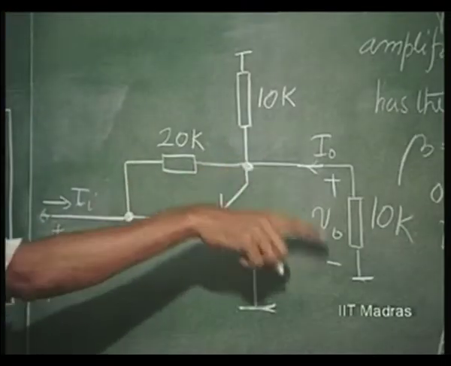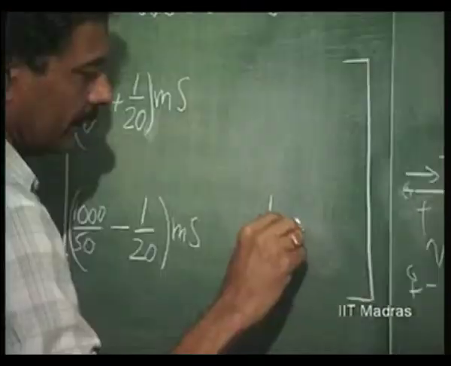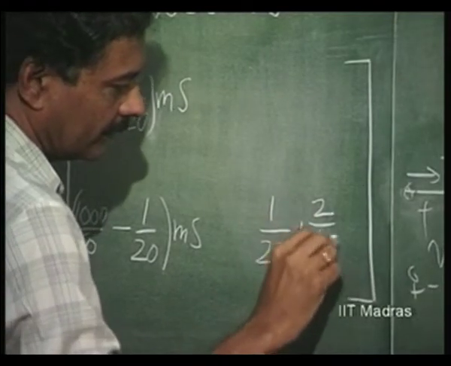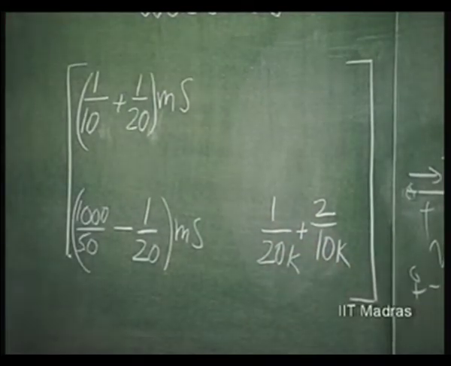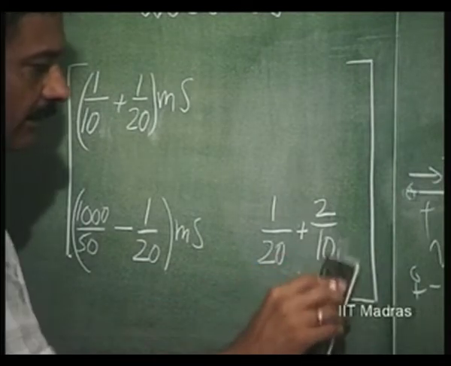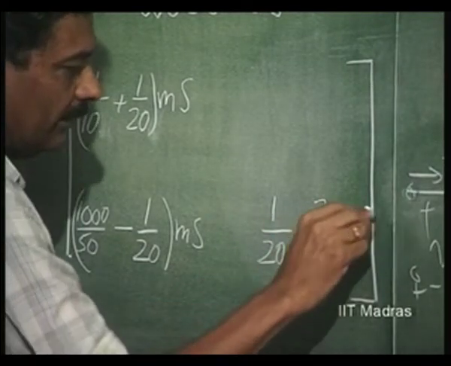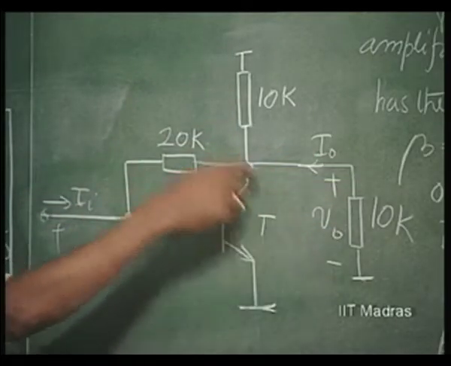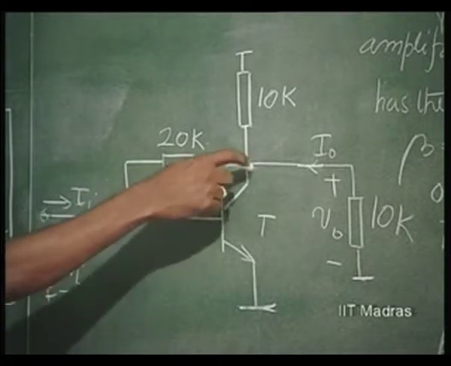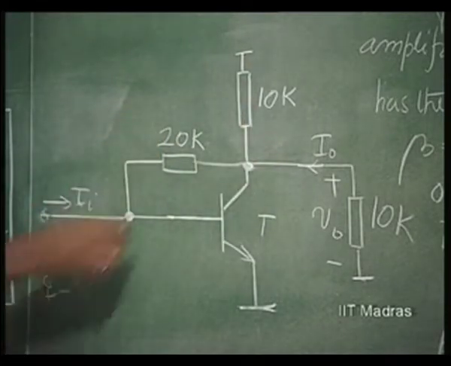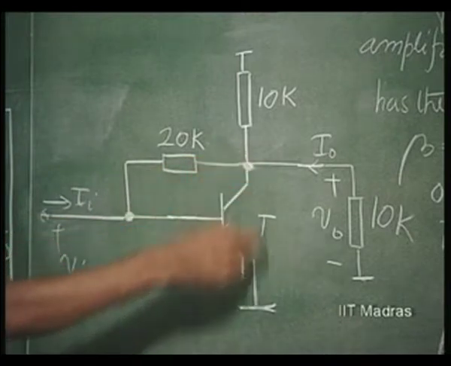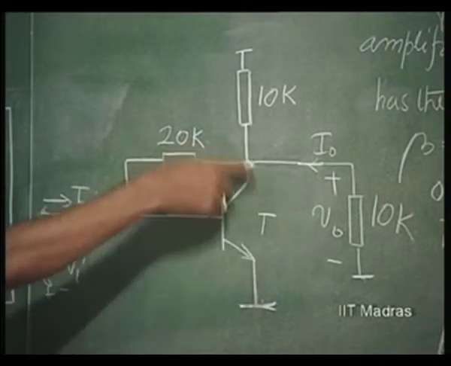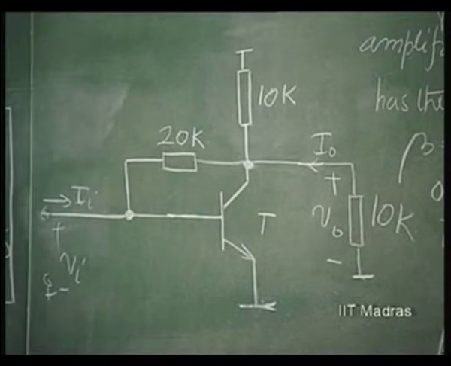Then we have 1 over 10K, 1 over 10K, 2 over 10K. So in millisiemens, 1 over 20K, 1 over 10K plus 1 over 10K. So when I short this, at the output we have these. If we had been given the output admittance of the transistor, that also will get added to this. So this is the total output admittance under input being shorted.